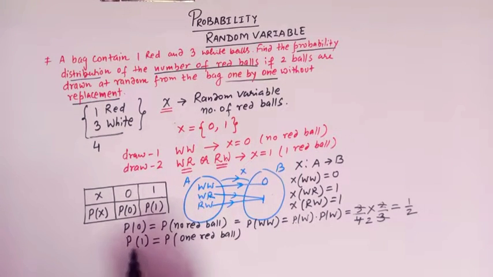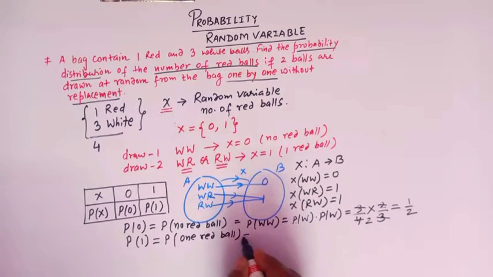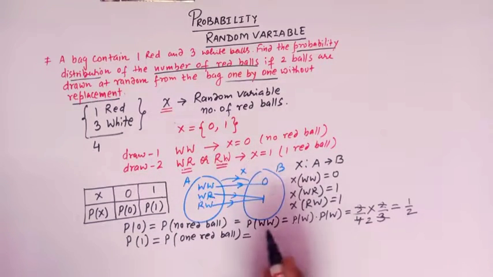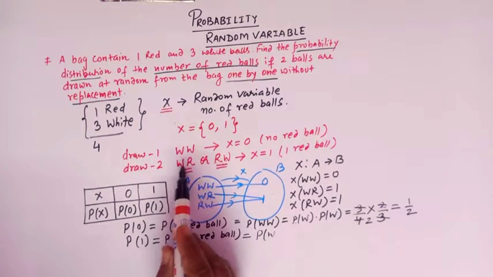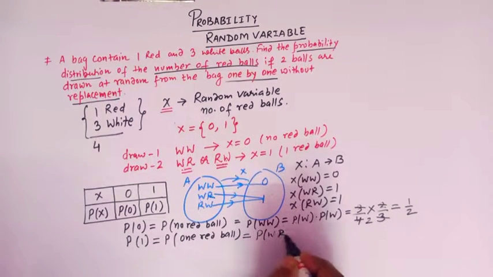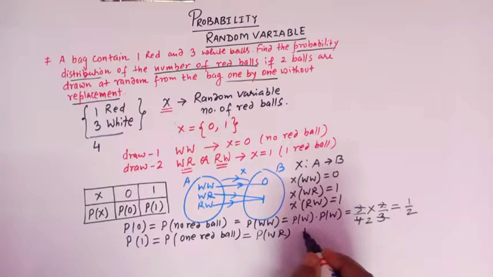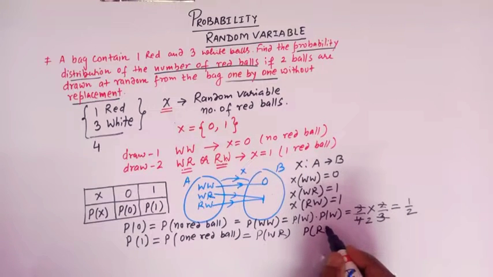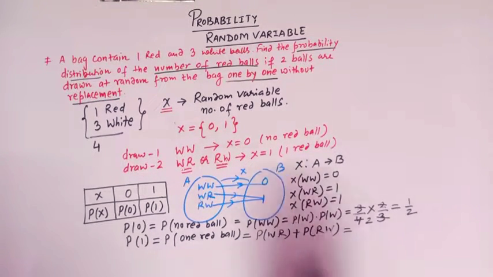Now P(1), that is the probability of getting only one red ball, is given by these two events, right? Either we can have the first ball as white and the second ball as red, or the first ball as red and the second ball as white, and we'll add both these probabilities.